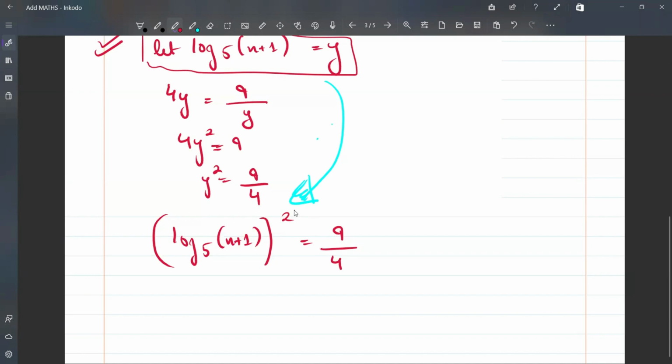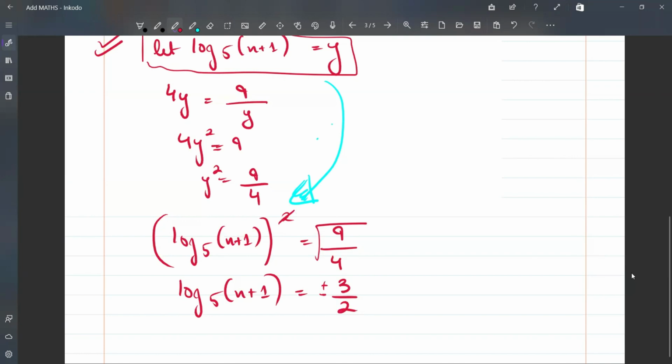Okay, so we'll remove this power and apply the square root here. log₅ x is equal to, that would give us, plus minus 3 upon 2.